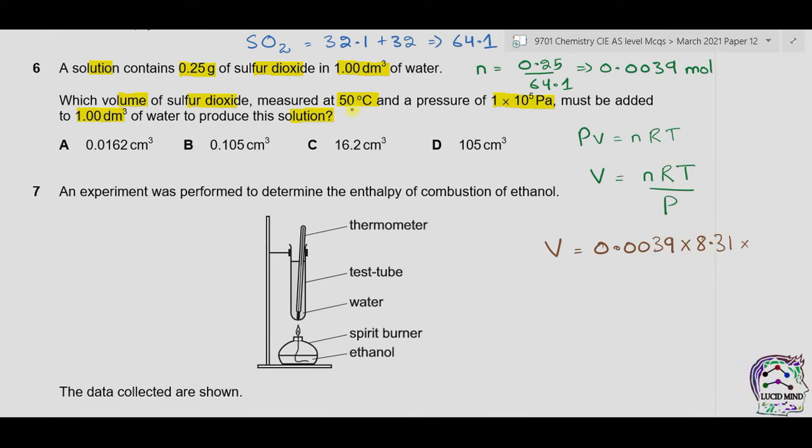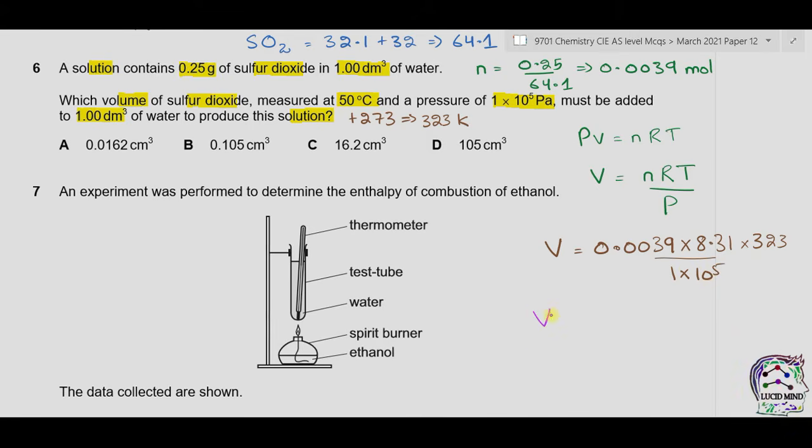We have 50 degrees centigrade, so we can convert it into Kelvin by adding 273. So it becomes 323 Kelvin. 323 divided by pressure. Pressure is already given in pascals, so it is 1 × 10^5.